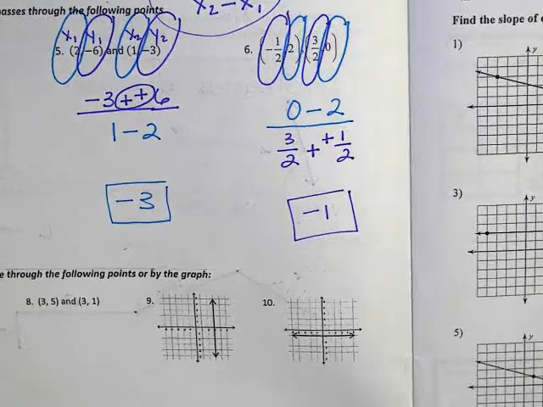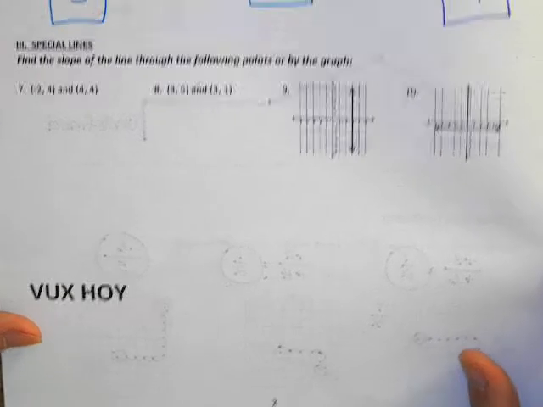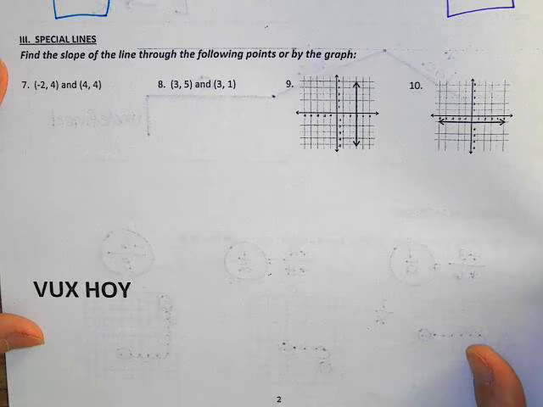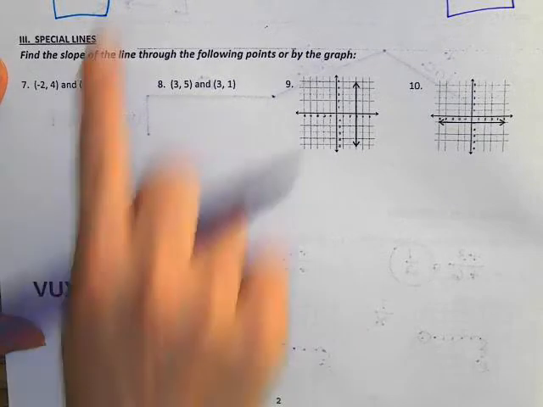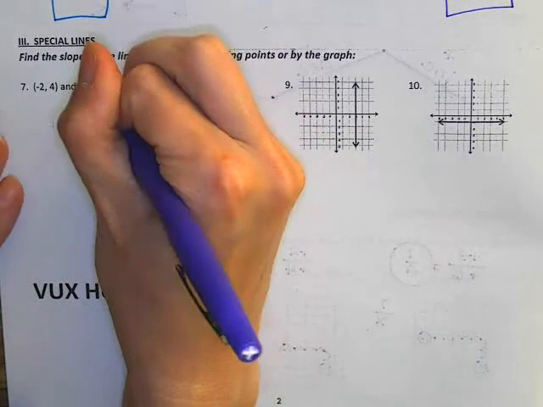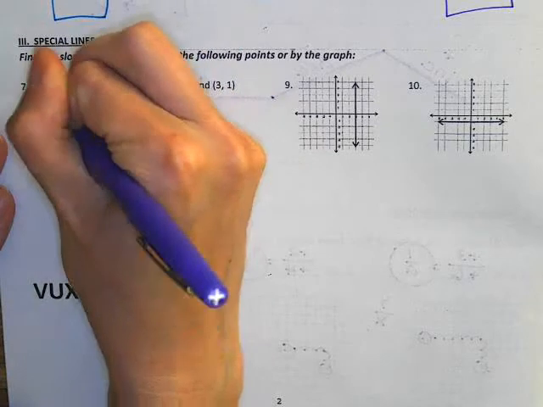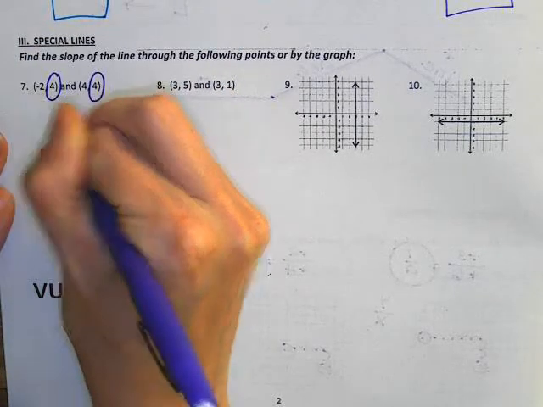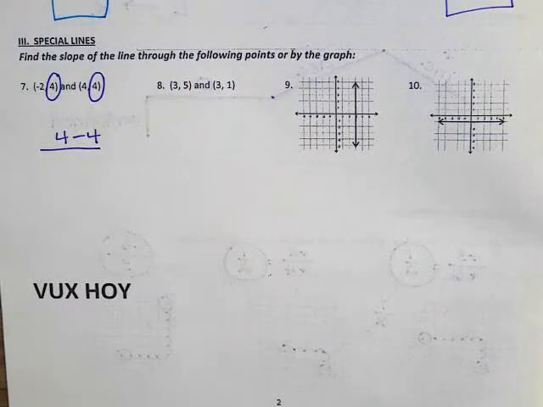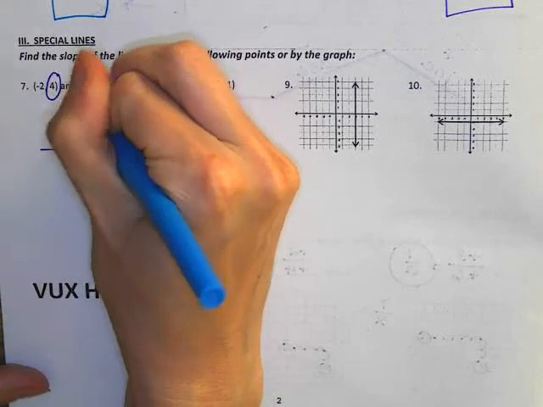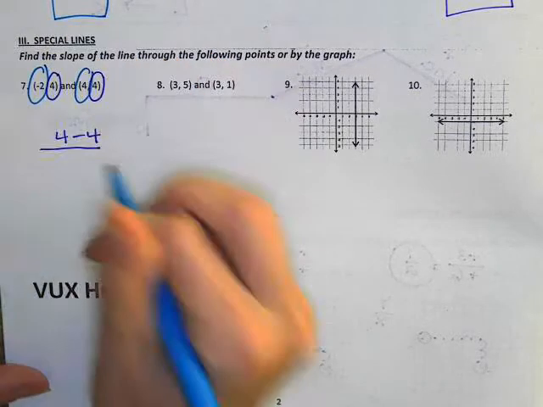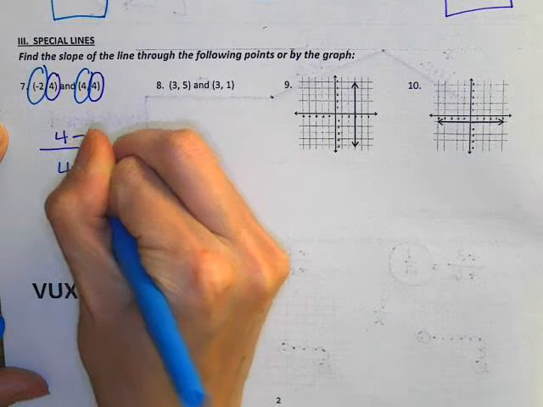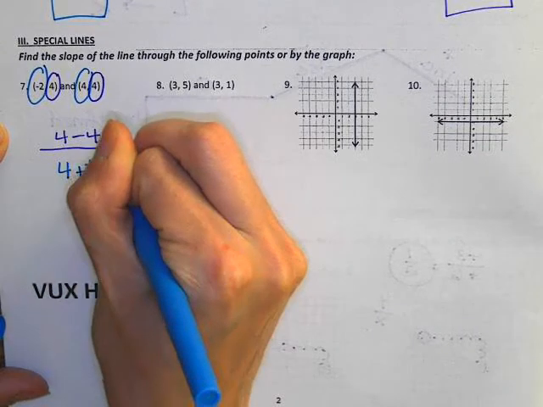Okay, we're almost done. There's some special lines that I just want to show you. So these are going to be the same as what we just did. Okay, so you're going to do y minus y, so 4 minus 4, over x minus x, but 4 minus a negative 2 really becomes plus a plus.